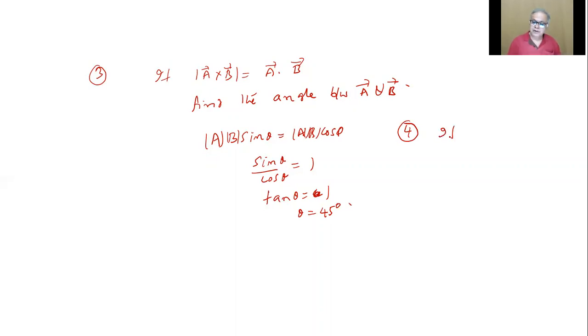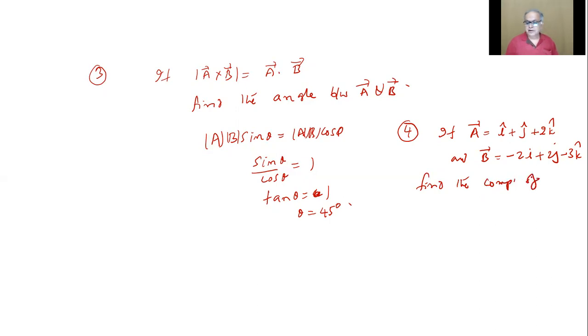If A equals i plus j plus 2k and B equals minus 2i plus 2j minus 3k, find the component of B perpendicular to A. You are already given this.